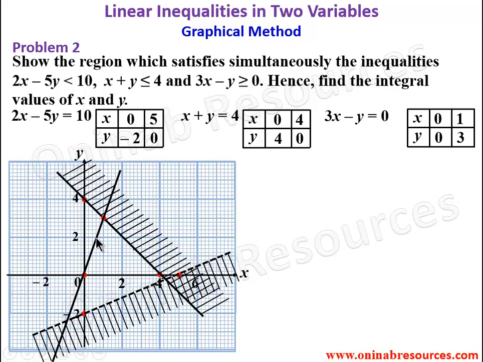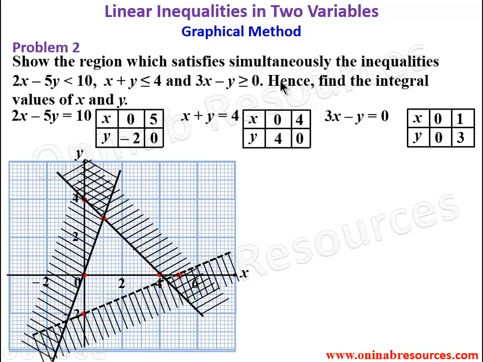For less than, it is the down part here, which means this is the region of the line that is required. So the upper part is not required. Therefore, we shade the upper part. So this region here, that's a triangle, is the required region of the simultaneous inequalities.